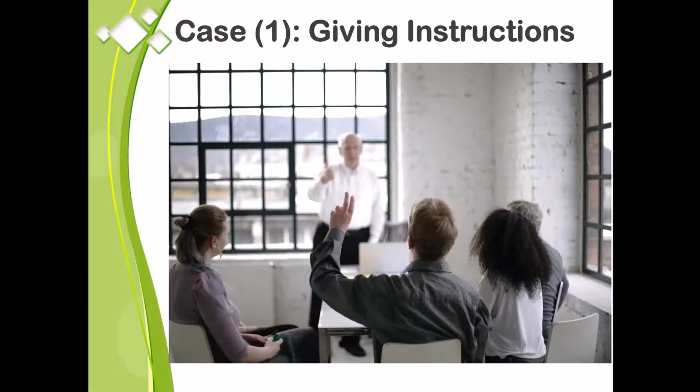Now, case number 1 in your textbook, that is on page 24. The first case is about a teacher who has a problem with the way she gave instructions to her students. You should remember too that sometimes we conduct class observation because we are aware of a certain problem.